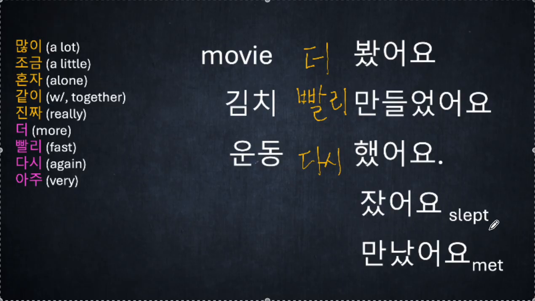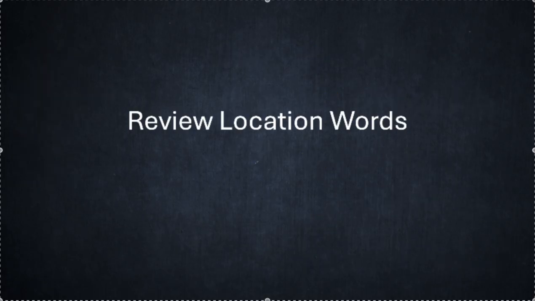Here 잤어요 means slept. 만났어요 means met. So how about I slept more? 더 잤어요. I met together with my friend. 같이 만났어요.